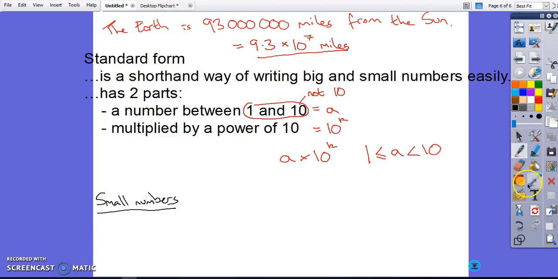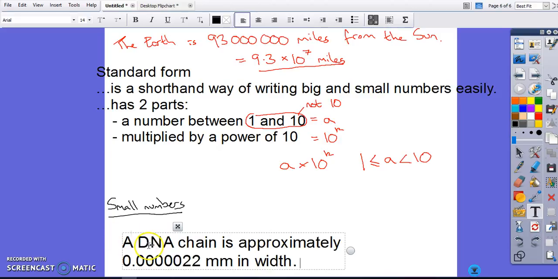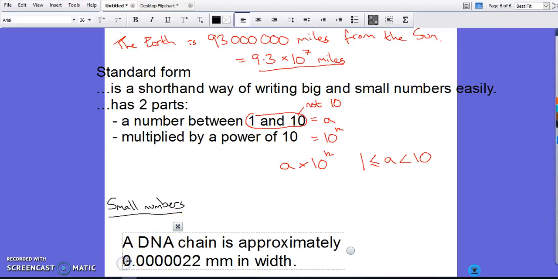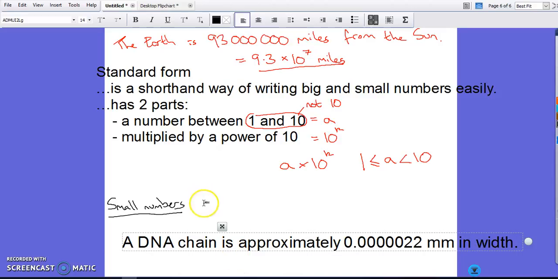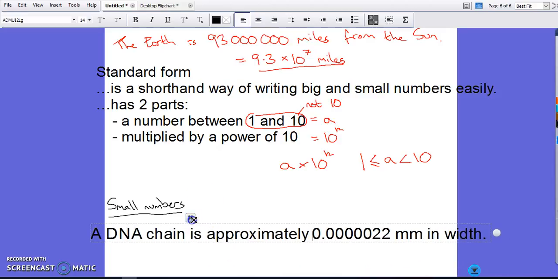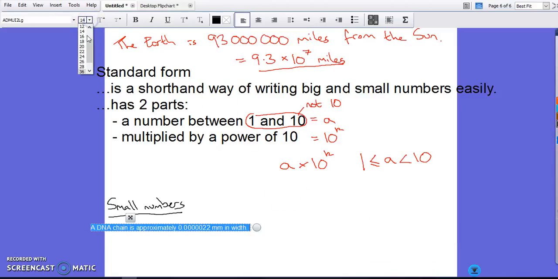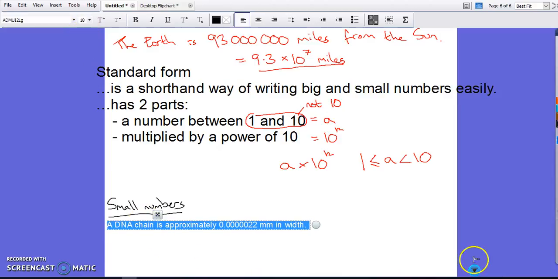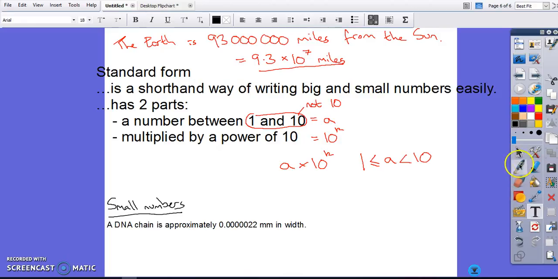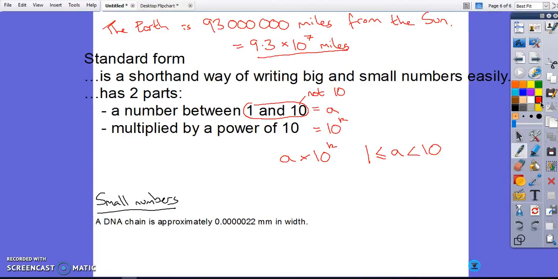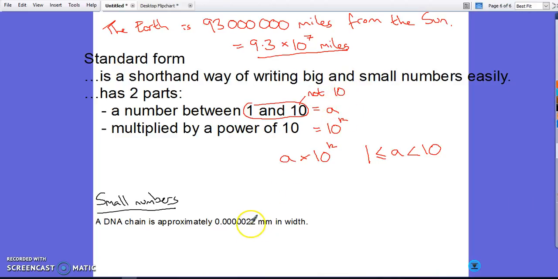If, for example, I knew that a DNA chain is really, really tiny, approximately 0.00000022 millimeters wide, I can also write this in standard form. To find an A that is between 1 and 10, I would need to put the decimal point in here.